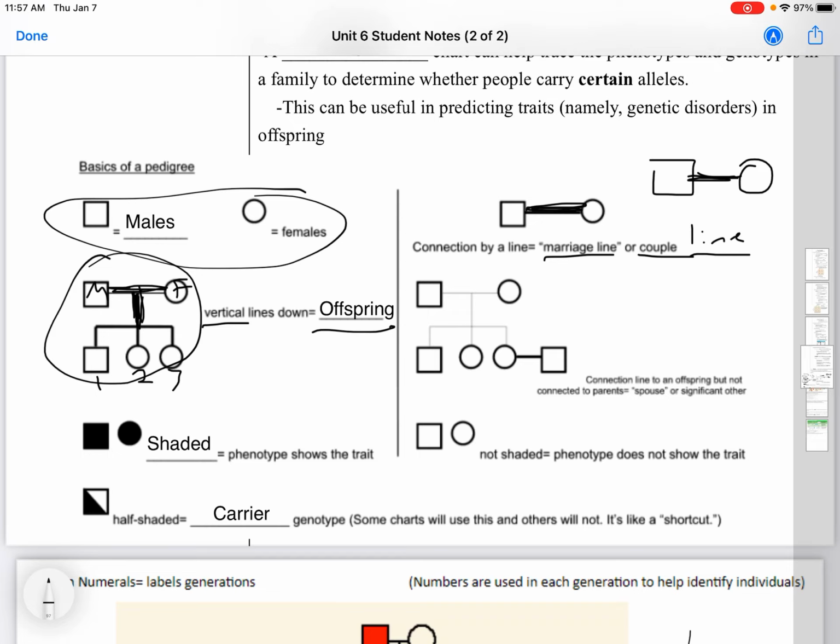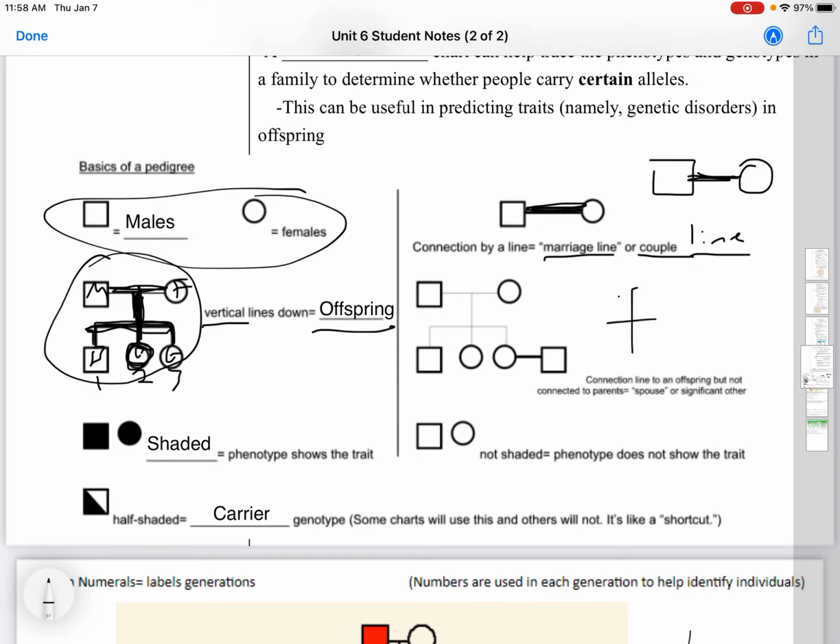Now, if they only had one, they wouldn't have to do these set of lines. They would only do one down like this, and that would be their little girl, their female. But when you have multiple children, you would do it like this. It typically runs from left to right, and this would be a boy, and that'd be a girl, and that'd be a girl. You typically start with the oldest kid over on the left-hand side. Now, it doesn't always have to be that way, but that's kind of how we see it.